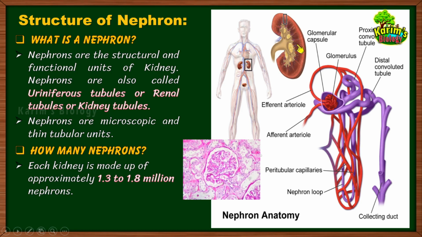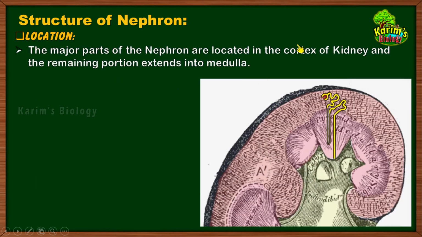I am going to tell you about the exact location. The major part of the nephrons is located in the cortex of the kidney, and the remaining portion extends into the medulla. See, so this is a single nephron. Actually they are not this much bigger in size. They are not visible to the naked eye. Just for the sake of understanding, this is the picture that I am showing. So look here. This is the tubular part.